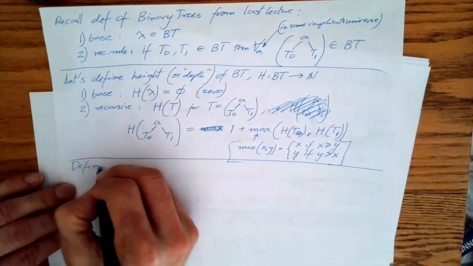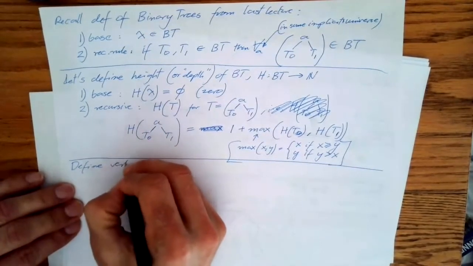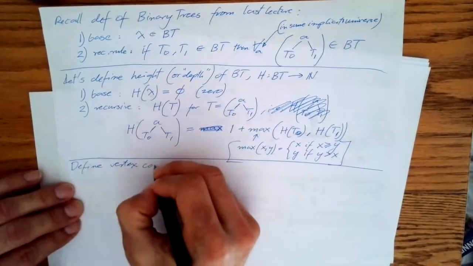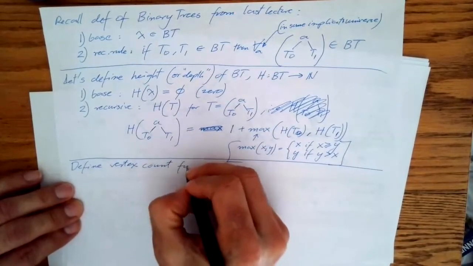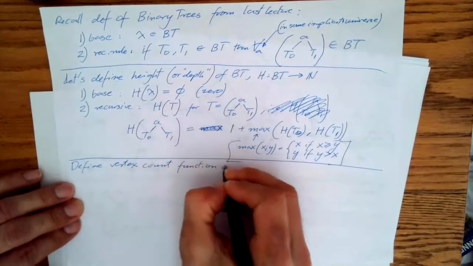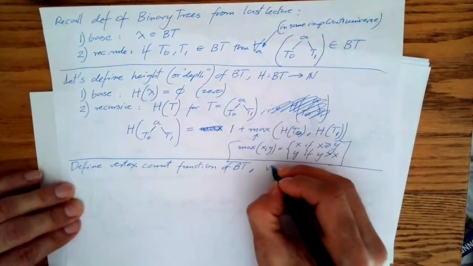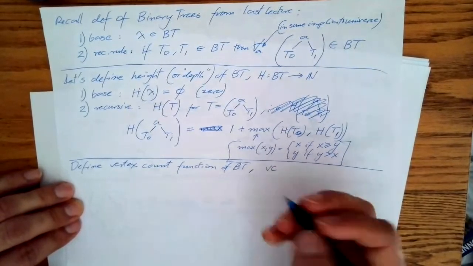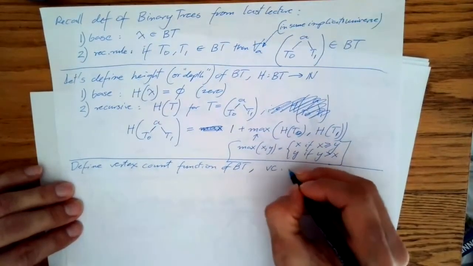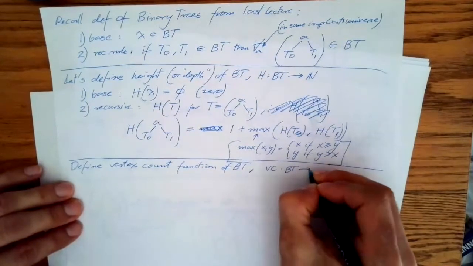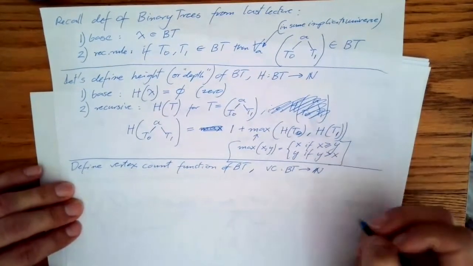Define a vertex count function of BT. I call that function VC. It will take any binary tree and assign an integer to it.